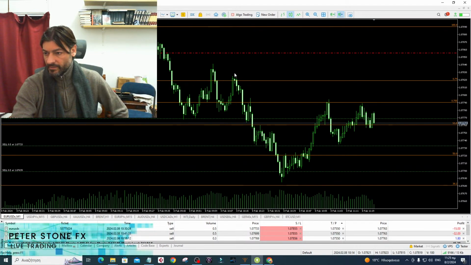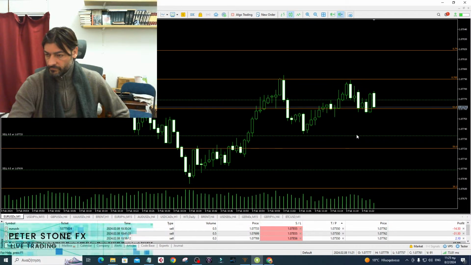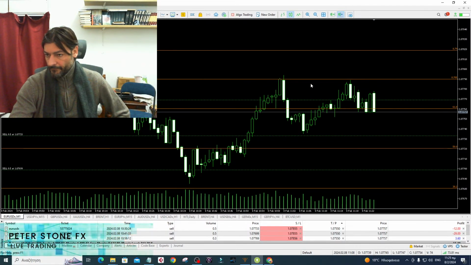I like this candle, because we still haven't surpassed this high and this high. So the whole activity is underneath this area.